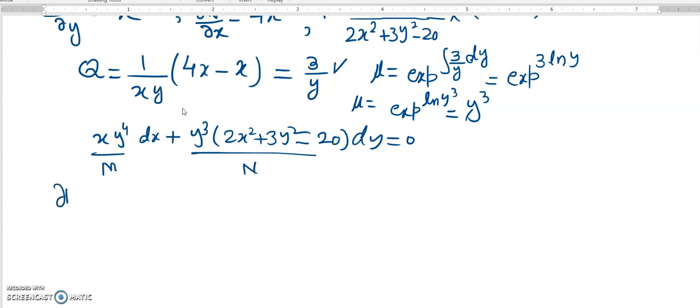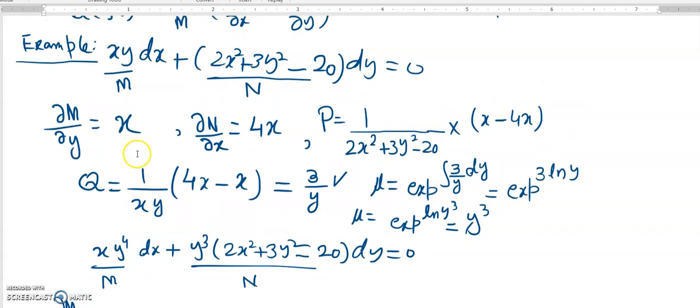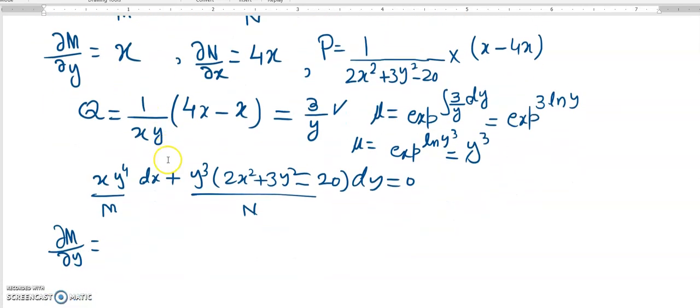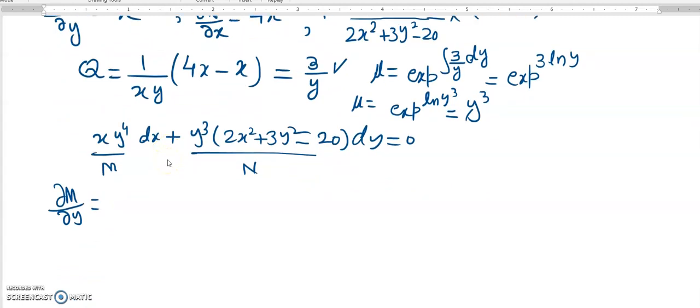So partial M over partial y: earlier it was xy, so it was x, and now it is 4xy cubed.